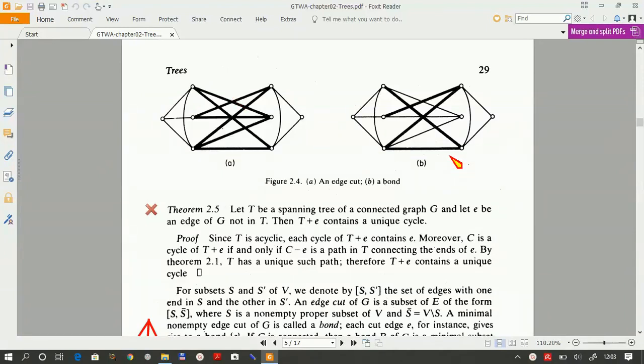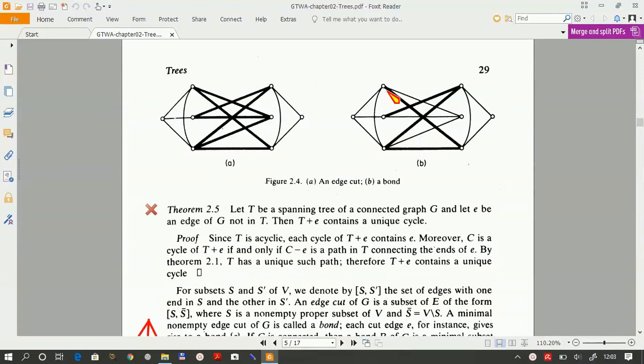What's the difference with the picture on the right? It is that here the vertex sets are different. There are fewer edges, but this set of thickened edges is a subset of the one we have on the left of the picture. And we see that it's an edge cut itself, but with a different set of vertices.